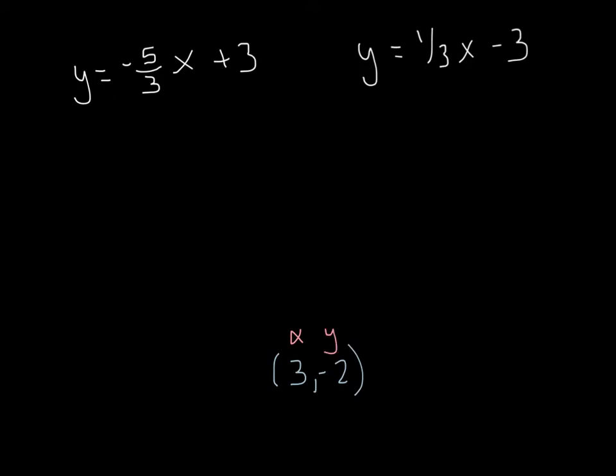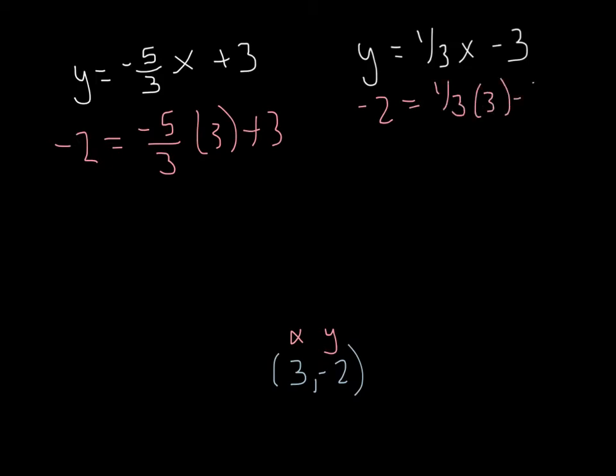So let's try that. So we have our y of -2 should be equal to -5/3 times 3 plus 3. And then in this equation, which was the second one, we should have -2 being equal to 1/3 times 3 minus 3. So let's see if this point works. Well, let me start on the left-hand side.